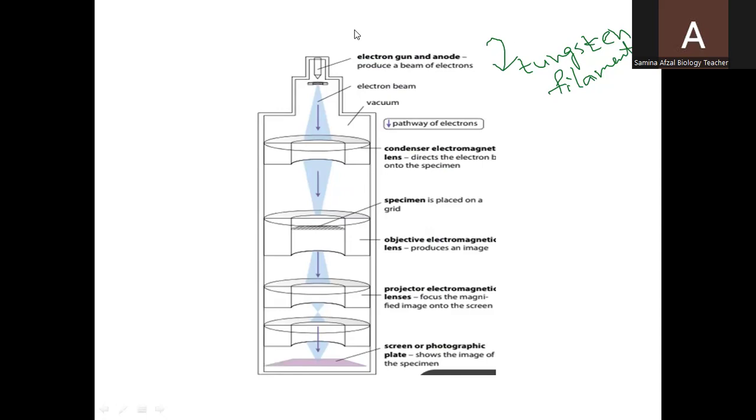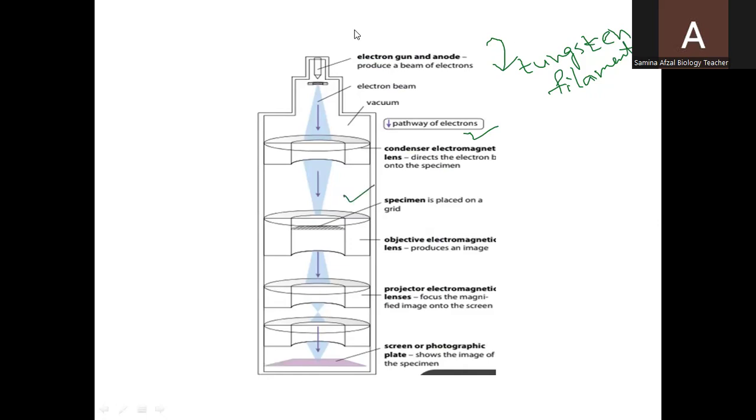This beam of electrons will pass through a vacuum, and then there is a condenser electromagnetic lens, which will direct the electron beam onto the specimen. It will move in the downward direction towards the specimen, and this electron beam will pass through the specimen.